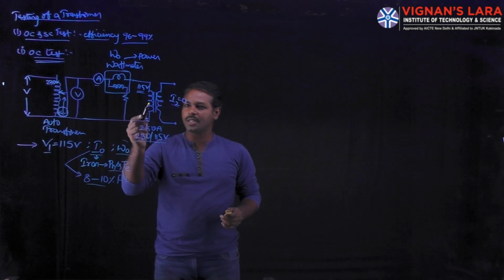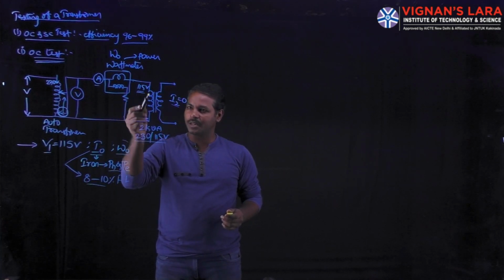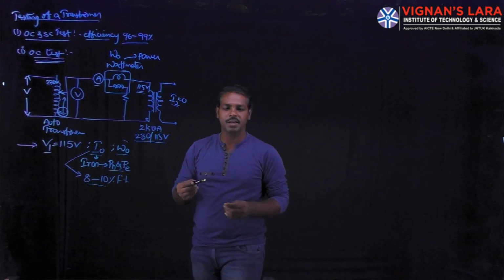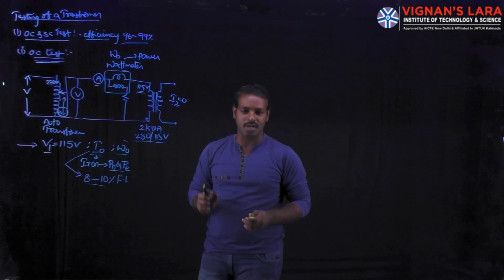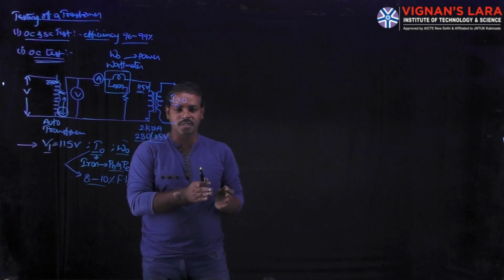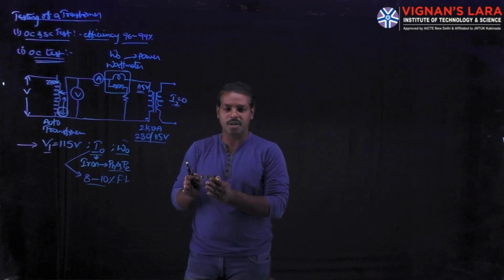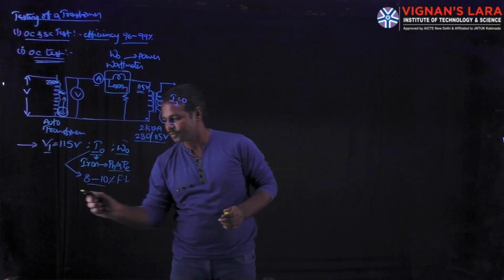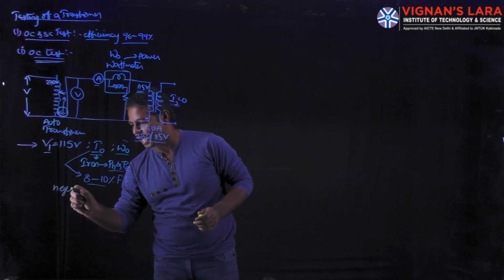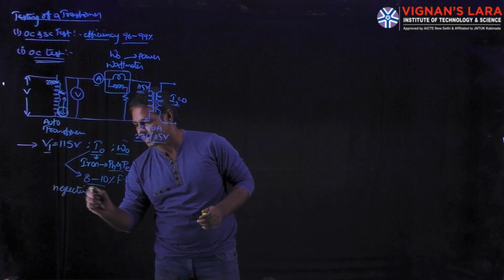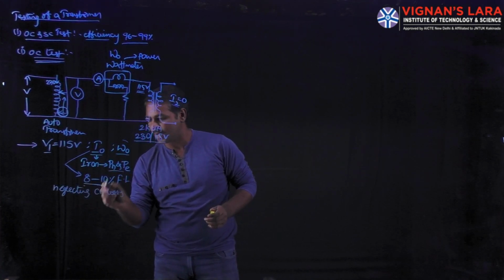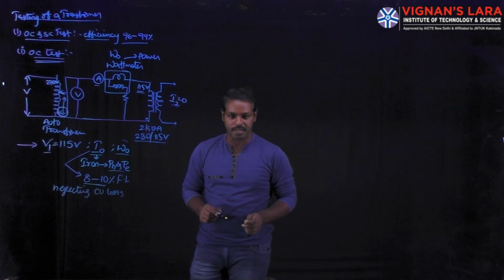Because that current is linked with the primary of a transformer, a small amount of copper losses also exists. The magnitude of core losses is always more than the copper losses. So based on that, we are neglecting the copper losses, because a small amount of current is drawn from the supply.